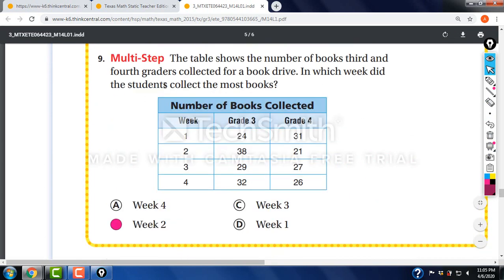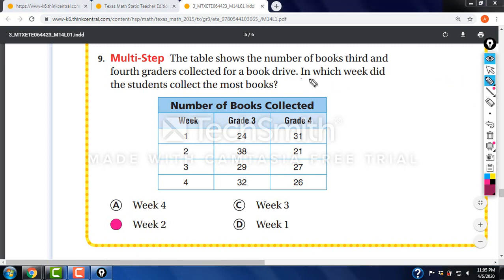Here's a multi-step problem, so you know you're going to be making more than one mathematical process. Here's your table, which shows the number of books third graders and fourth graders collected for a book drive. In which week did students collect the most books? So you have to figure out in which week the students collected the most books. Here's your third grade, here's your fourth grade.